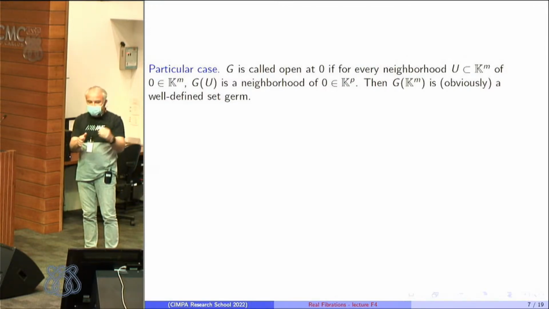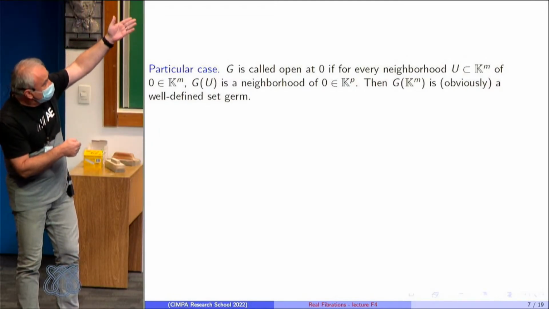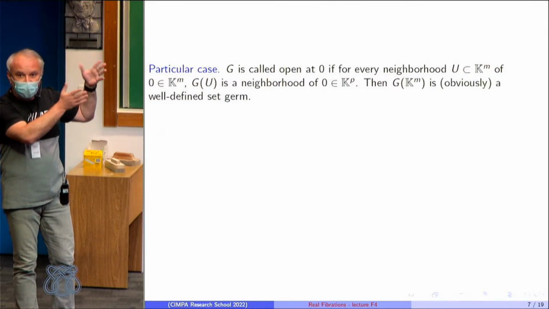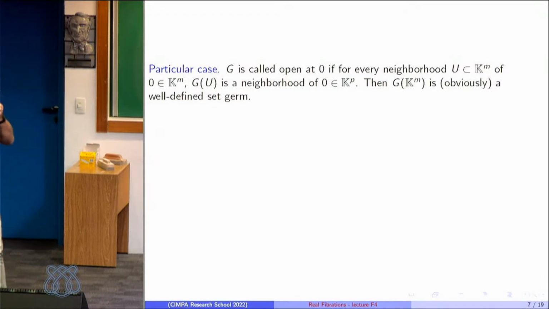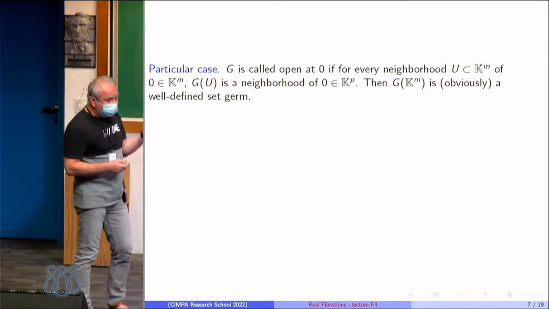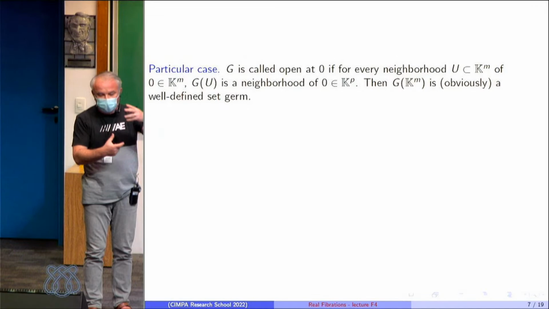If this is the case, then it should be clear that G has a well-defined image as a germ. And here I want to make a distinction between open at a point and open in general as a topological map.